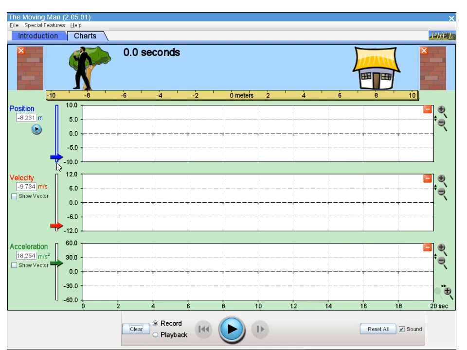I'm going to set him back here at -10. I'm going to set his initial velocity to the right, maybe 6, and his acceleration to be -1.